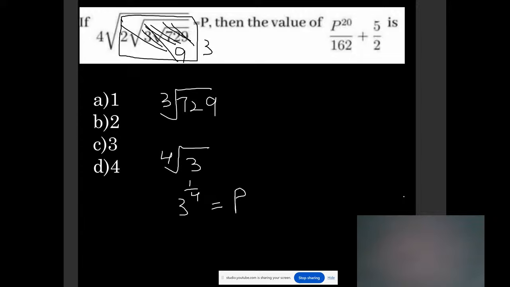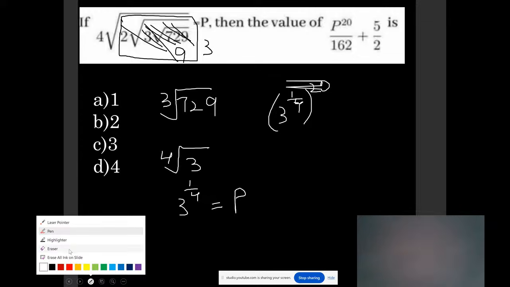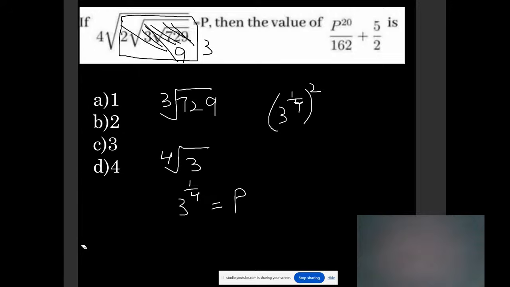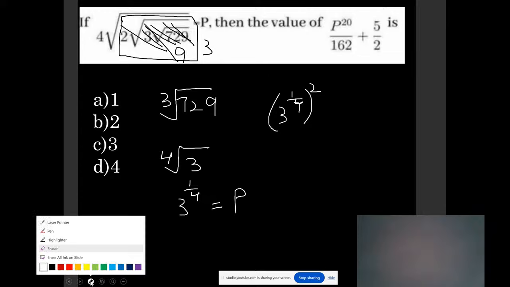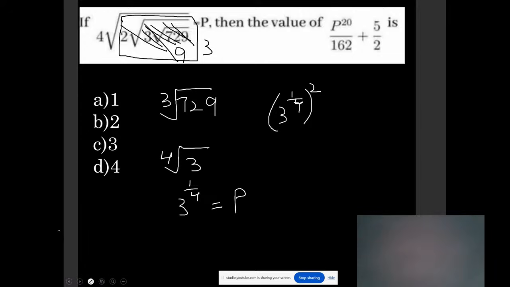In place of p, we should take 3 power 1 by 4. So 3 power 1 by 4 whole power 20.